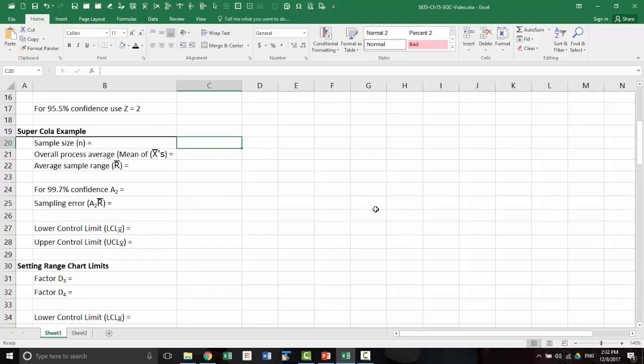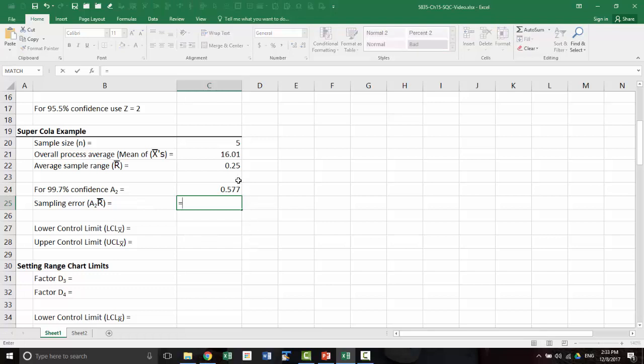Okay, let's set up the problem in Excel. Overall samples, each sample is of size 5. Overall process mean is 16.01. Average R bar is 0.25. Now for 99.7% confidence, A sub 2 is 0.577. That's z equal to 3, the only confidence level that's possible.